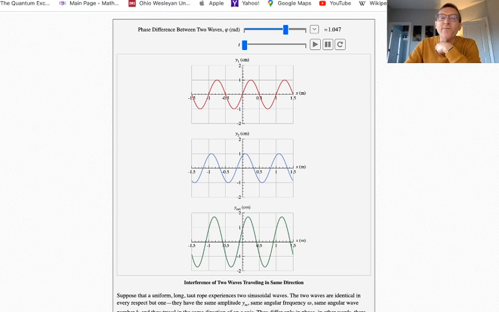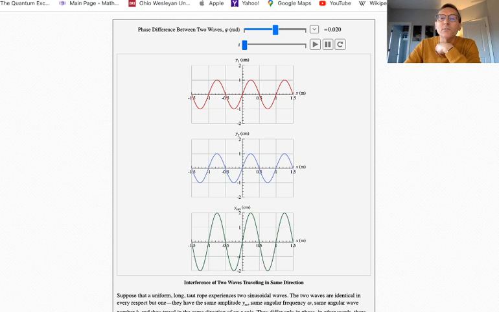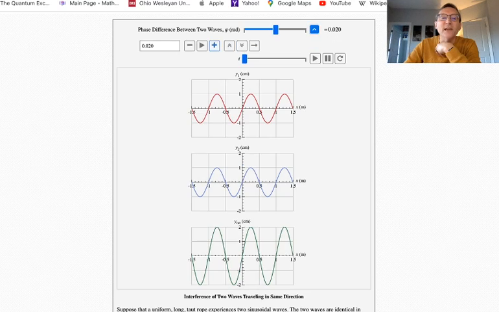If I change the phi slider down to 0, let me try to get to 0. It might not be easy. I might have to use the little down box there and just enter that I want 0. Then the red curve and the blue curve are exactly lined up with 0 phase difference, and you could say they're lined up crest to crest and trough to trough. See how they're vertically lined up?